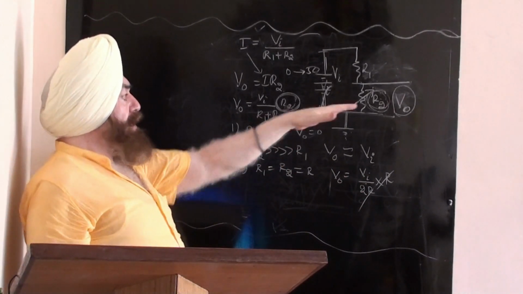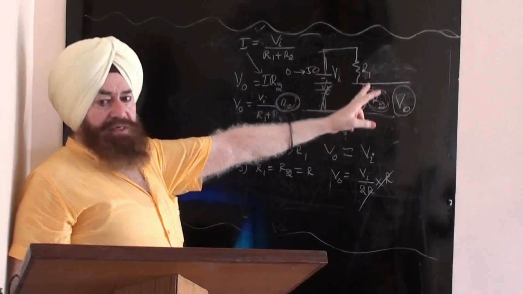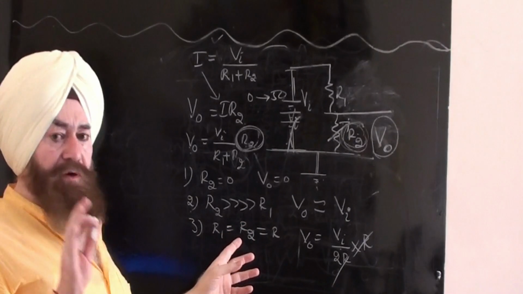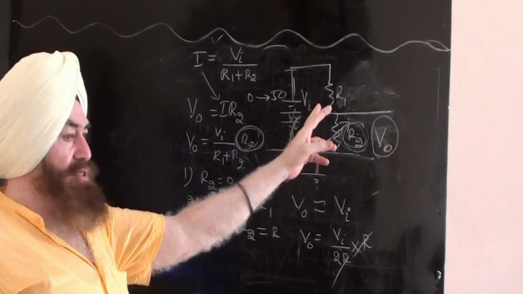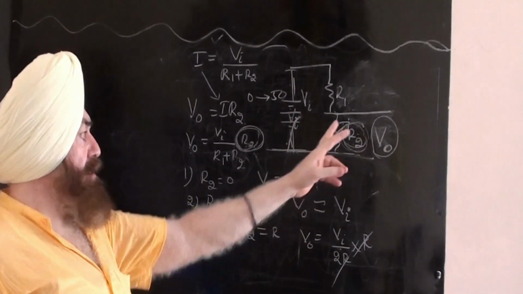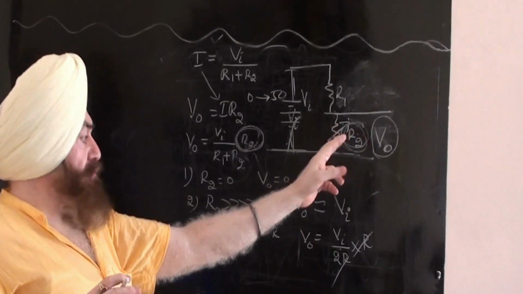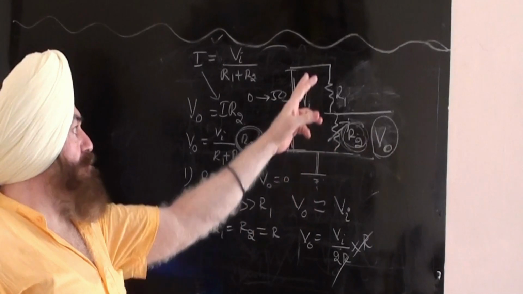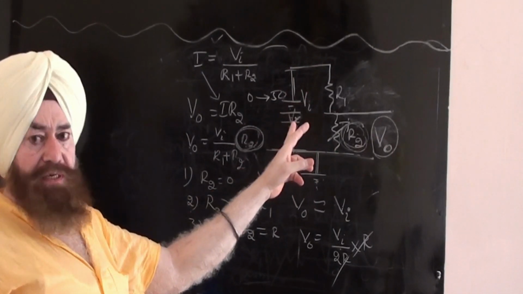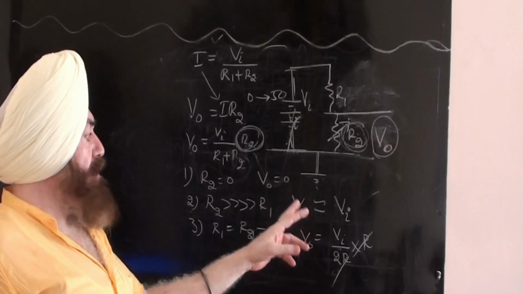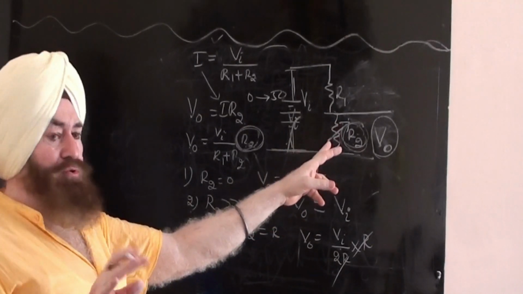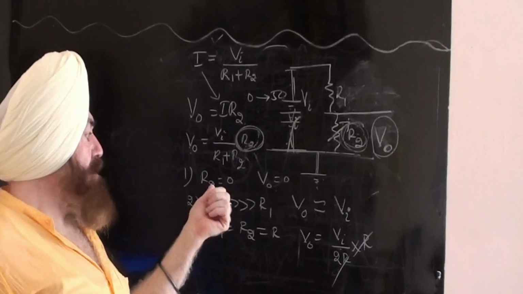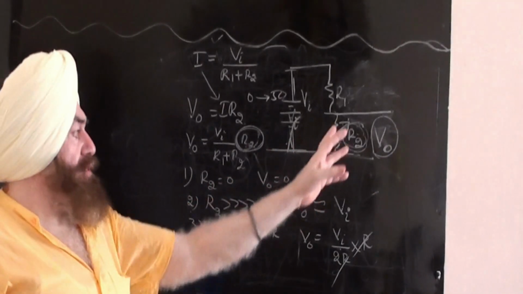So you get half voltage if the resistors are equal. If R2 is very big, you get approximately the input voltage. If R2 is very small, negligible, then you get no voltage.